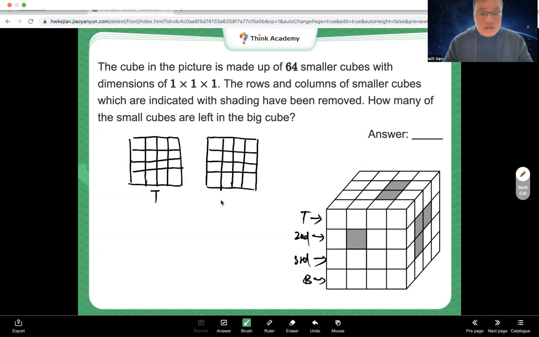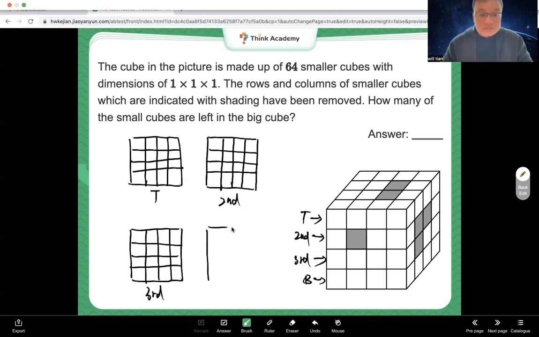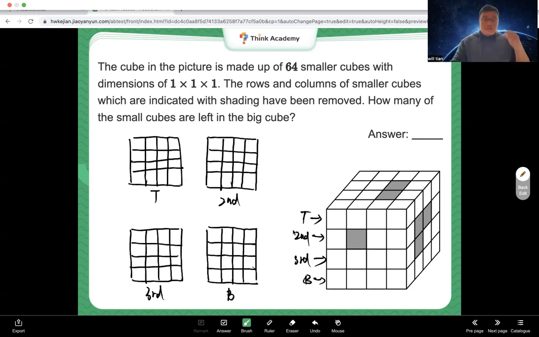Okay, this is the second layer. And then we have 2 more. The third layer. And the bottom layer, okay?